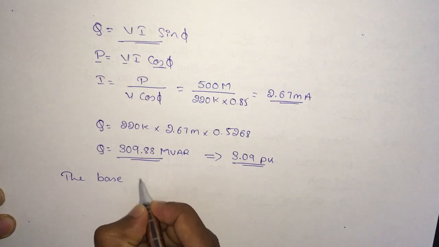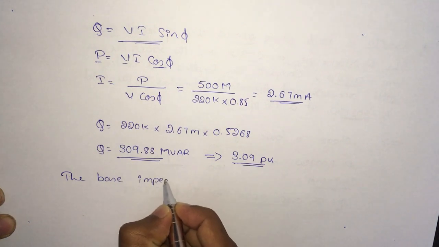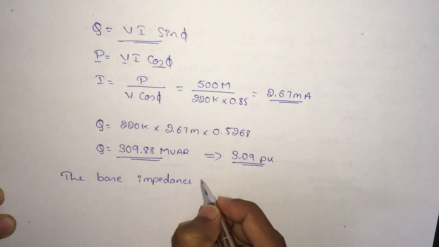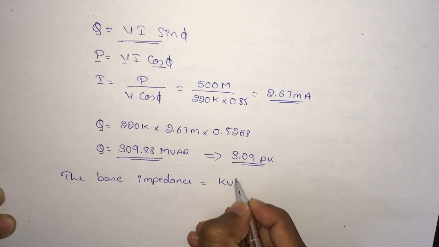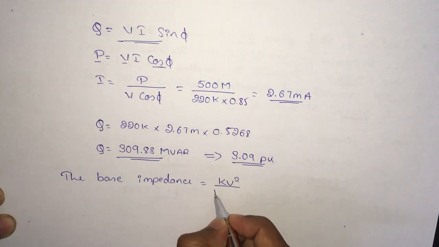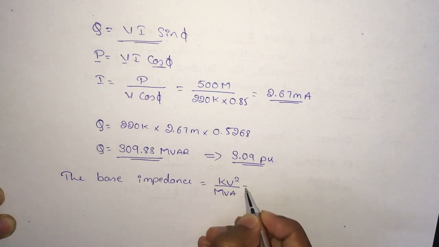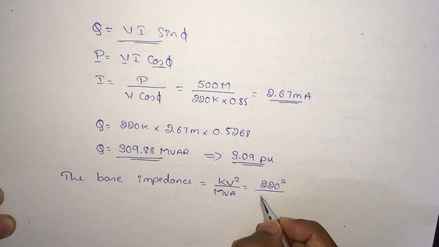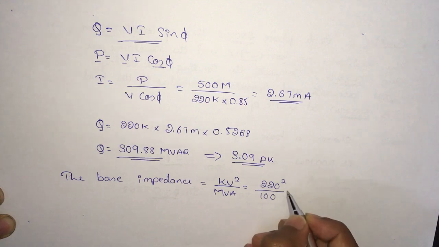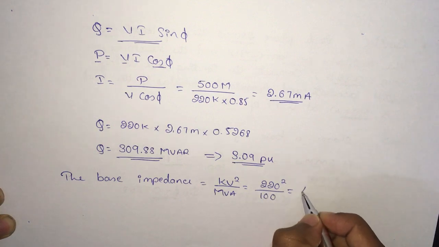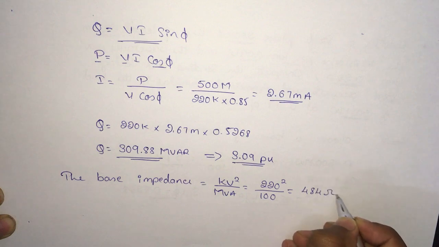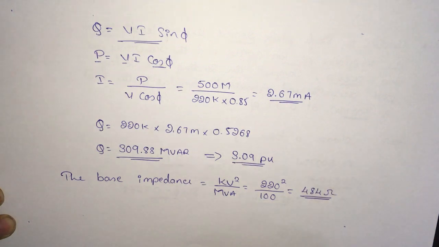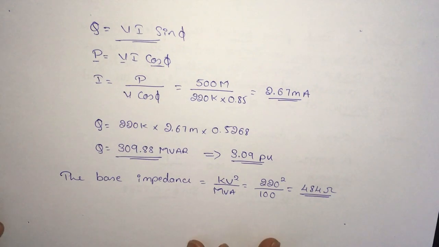The base impedance is equal to kV square divided by MVA, which is 220 square divided by base MVA 100, which leads to 484 ohm. This is our base impedance value.